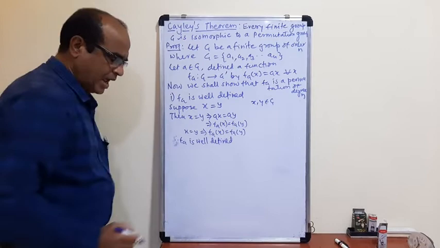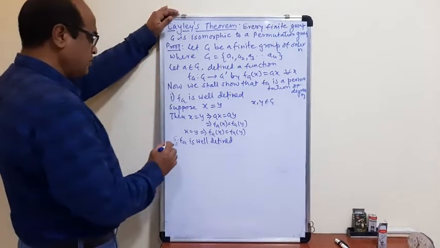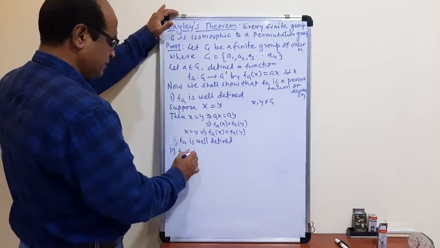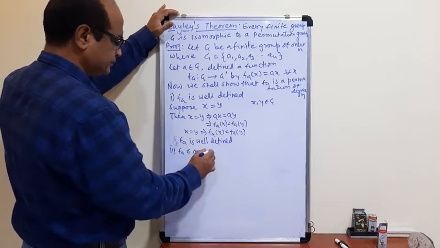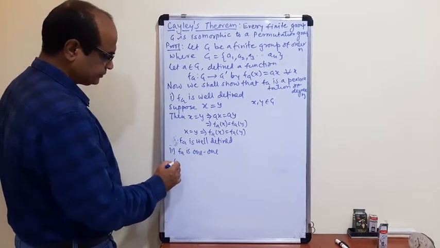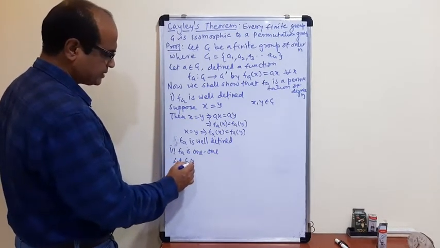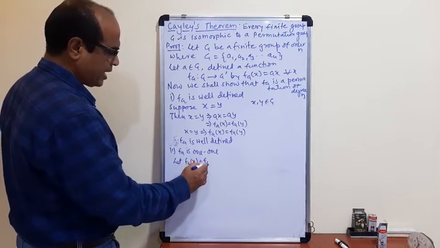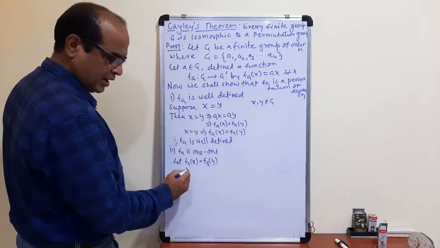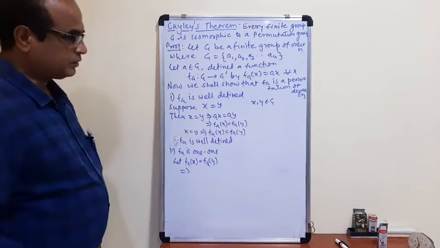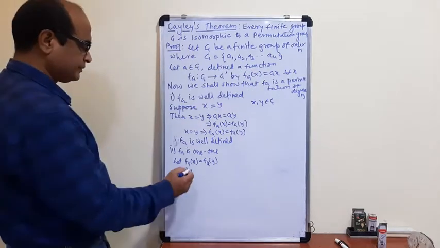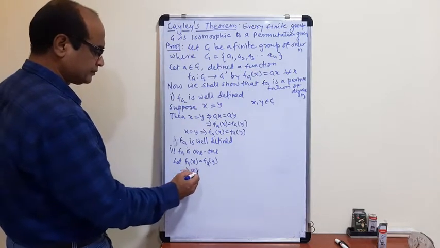Okay? Then we show that f_a is 1-1. Second, f_a is a 1-1 function. So let f_a(x) is equal to f_a(y). So this implies, what is f_a(x)? f_a(x) is ax. What is f_a(y)?